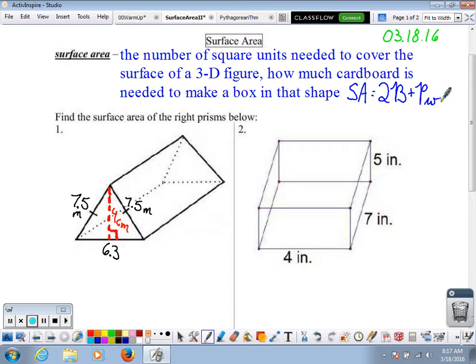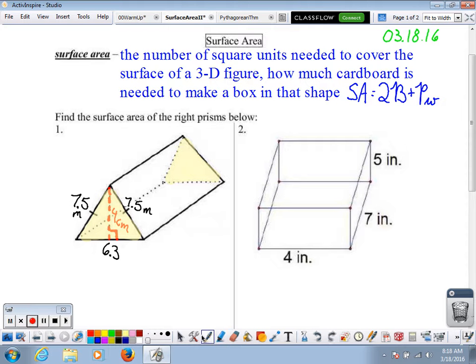Okay, so what we need to do is decide which face on this 3D solid is going to be our base. So on example 1, what's the shape that's going to be the base? Danny? The front and back, the 2 triangles. Okay, so we'll take one of those colored pencils, doesn't matter which color, and we're going to shade in those triangles.